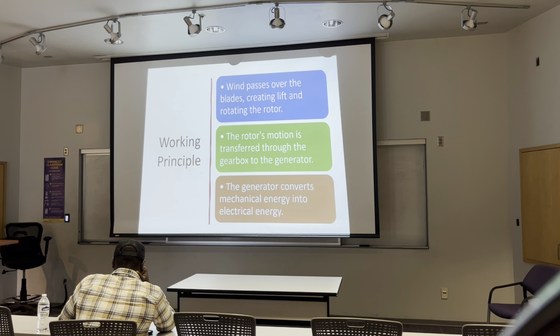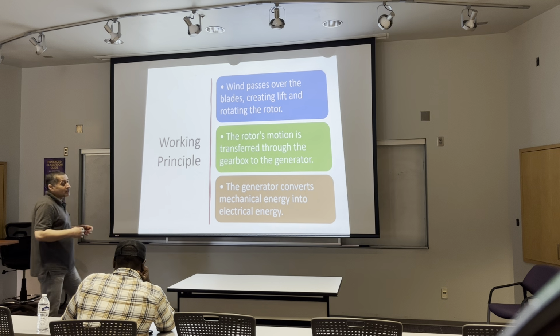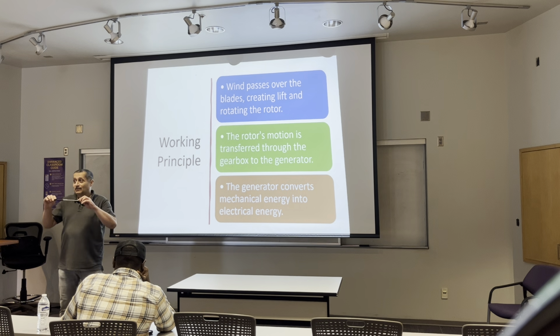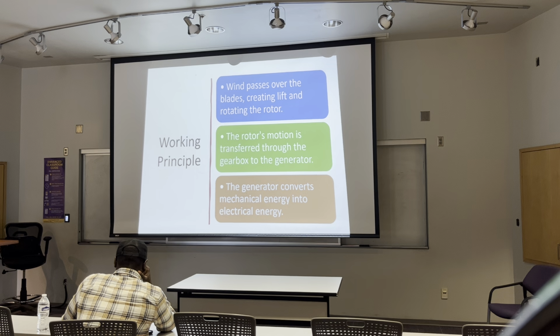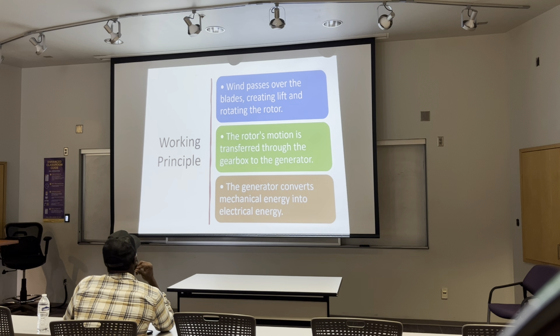The rotor's motion is transferred through the gearbox. Why by gearbox to the generator? Because when the rotor rotates, maybe the angular velocity omega is slow, so we need higher speed.